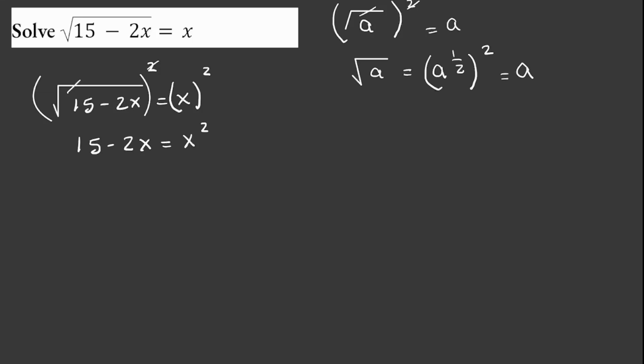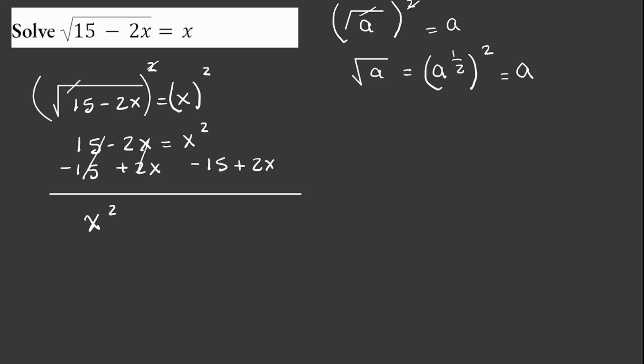So first thing, I'm going to subtract 15 and add 2x to both sides. Now the 15 goes away, negative 2x plus 2x goes away, and I'm left with x squared plus 2x minus 15 is equal to 0.